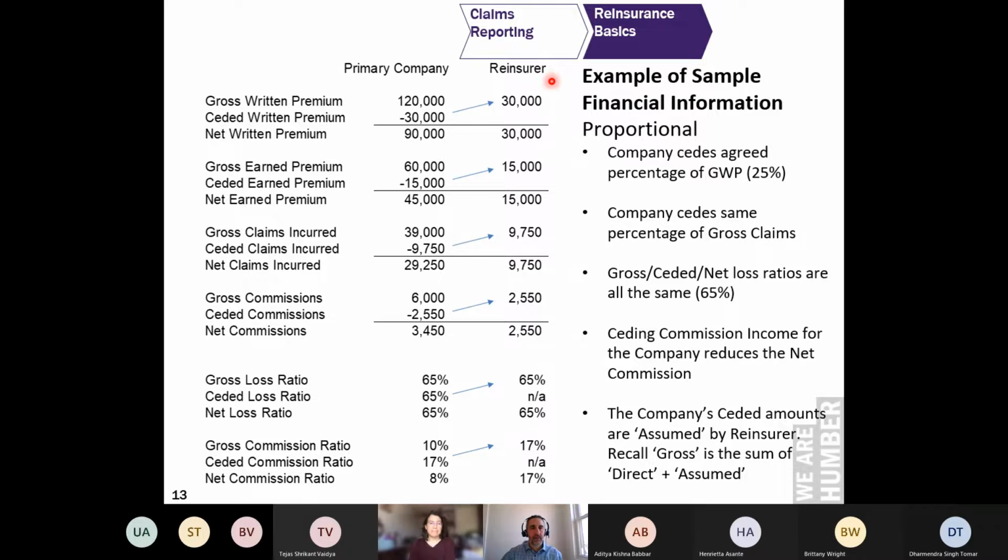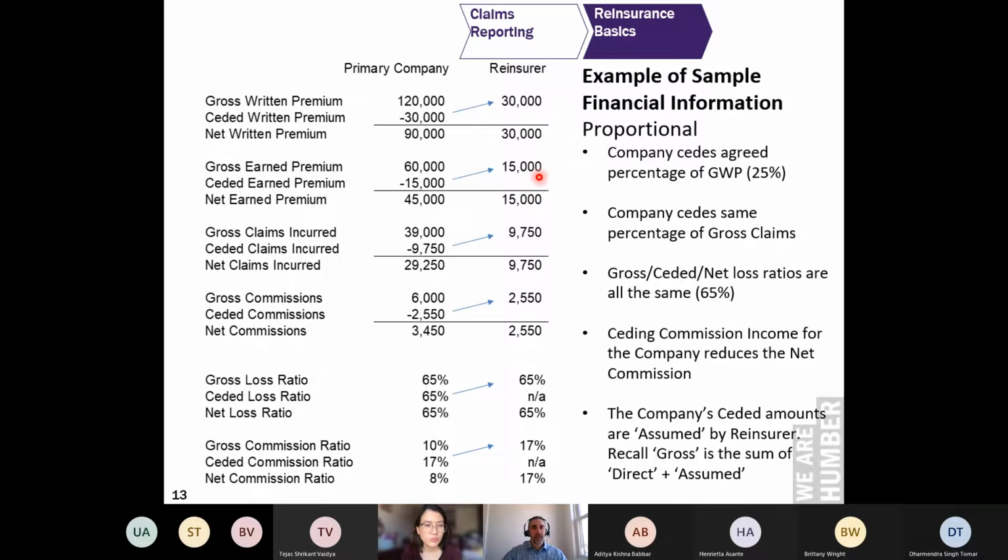The reinsurer is going to be assuming, remember gross is the sum of direct plus assumed. So they're assuming the same 30 million. They don't have reinsurance in this case, so their net premium is what they've assumed. And I'm just illustrating here that the same thing happens for earned premium.